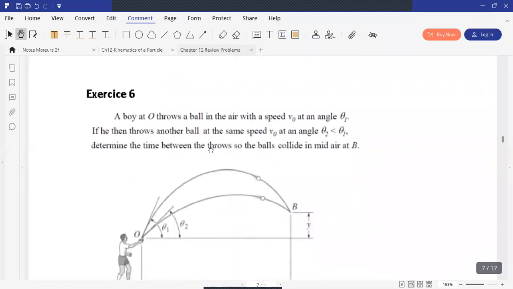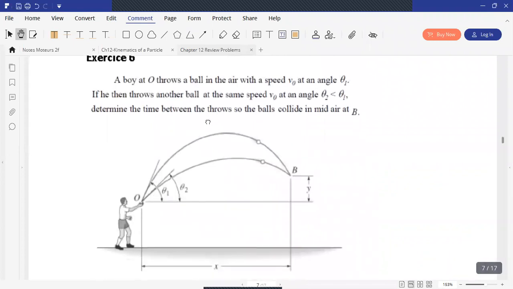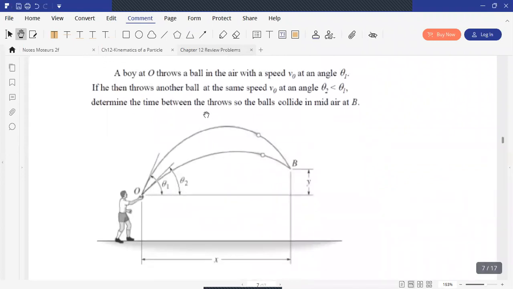Okay, problem 6. A boy at O throws a ball in the air with a speed v0 at an angle theta 1. If he then throws another ball at the same speed v0 at an angle theta 2, determine the time between the throws so the balls collide in mid-air at point B. Okay?